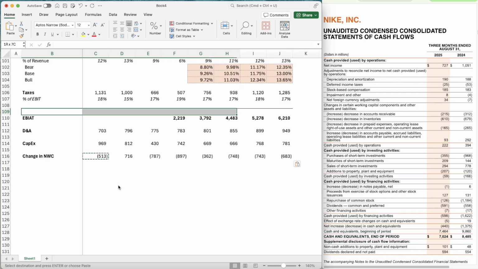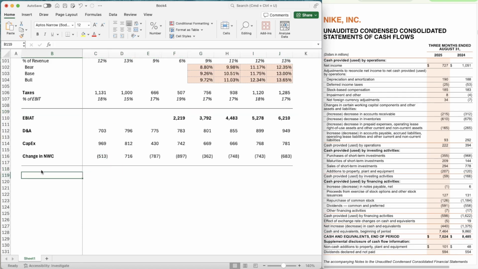Just copy this formatting again. Now we can calculate our unlevered free cash flow. Bold.